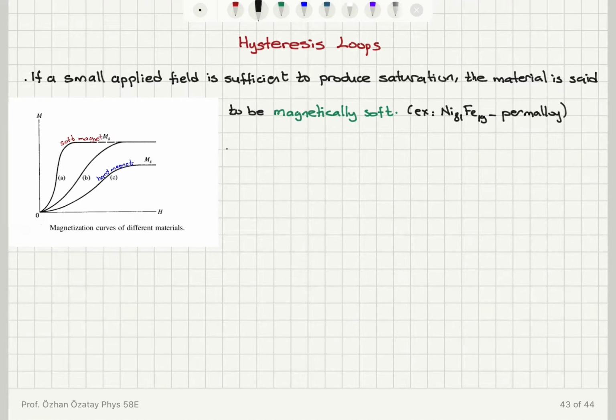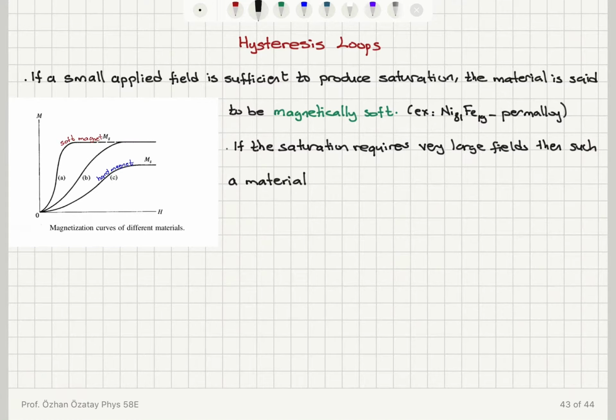On the other hand, if the saturation requires very large fields, then such a material is magnetically hard.